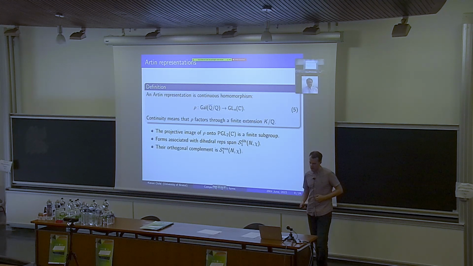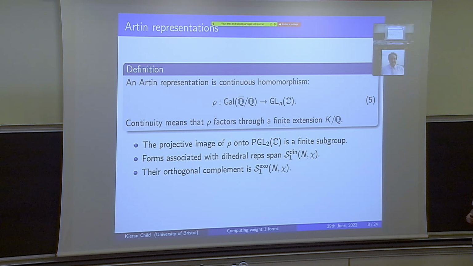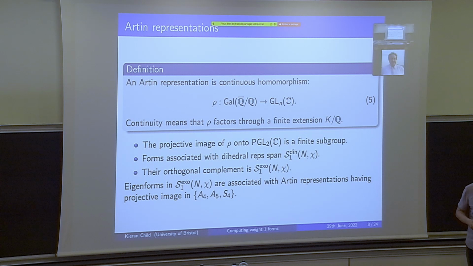Their orthogonal complement we call exotic forms, and it's the exotic subspace. As a little note, forms in this exotic subspace must be associated with Artin representations A4, A5, or S4. We can rule out cyclic because the bijection right at the start said it had to be irreducible. So we really get two kinds of subspaces in our further decomposition: the dihedral subspace, and the exotic.